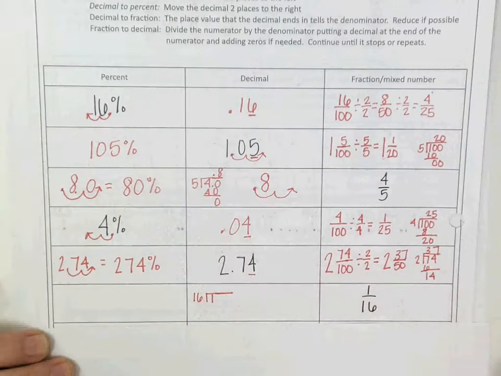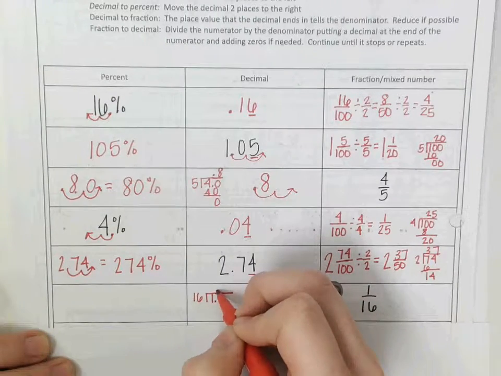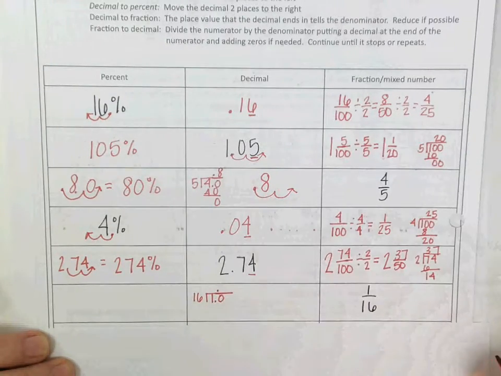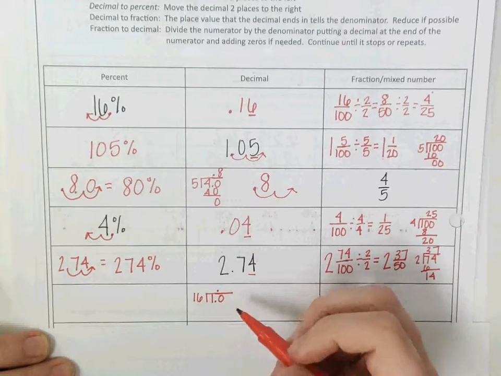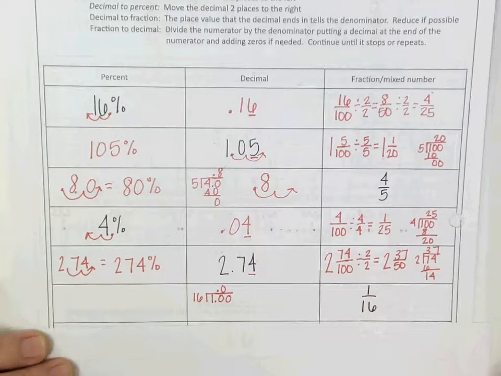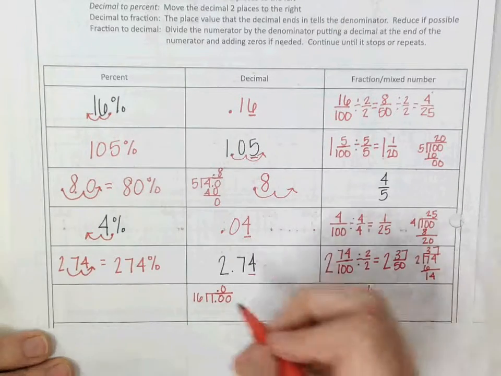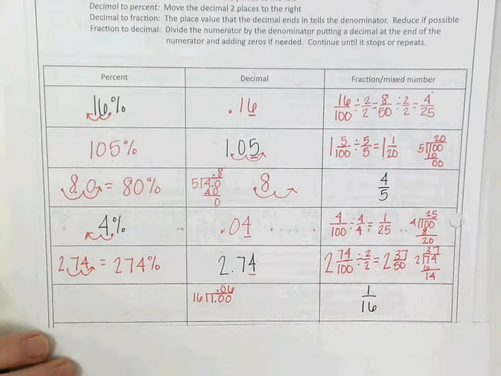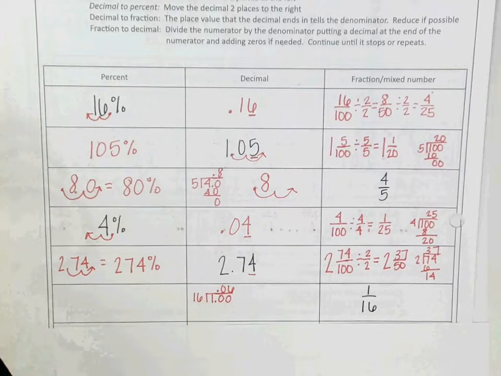We know 16 doesn't go into 1, so we put a decimal on the top and a 0. 16 still doesn't go into 10, so we put a 0 on top and add another 0. 16 is going to go into 100 6 times. If you don't know how many times it goes into 100, just keep multiplying out 16 until you exceed 100. That's when you know you need to stop.